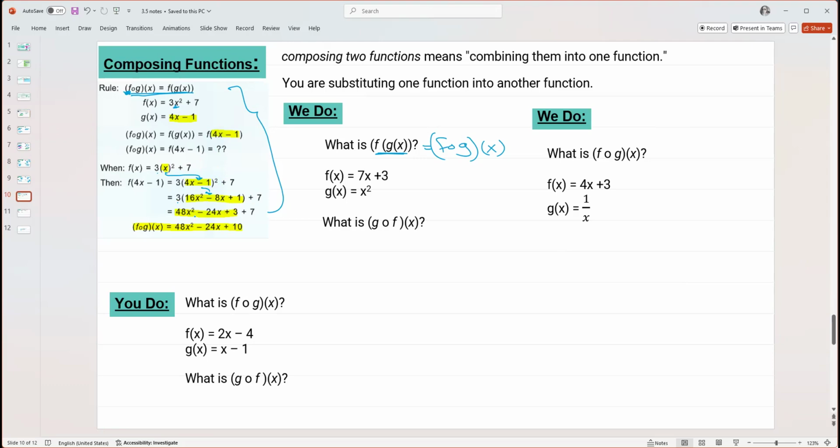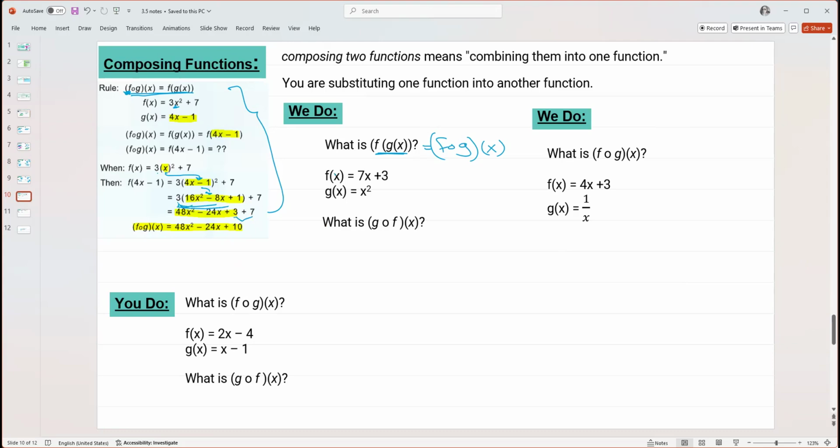There was still the 3 in front of it, so they distributed the 3 to get 48x squared minus 24x plus 3. And then there was still that plus 7 at the end, so they just did 3 plus 7 to get 10. And now it's done. Fog of x is 48x squared minus 24x plus 10.